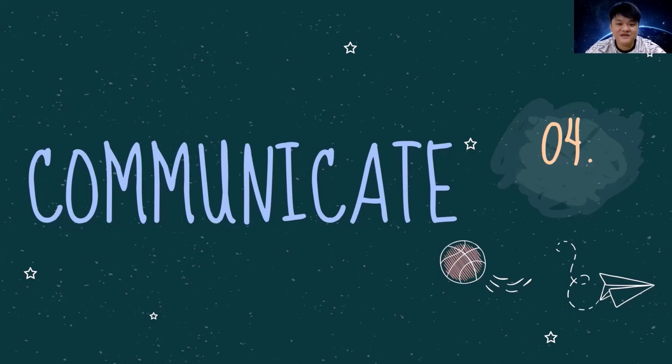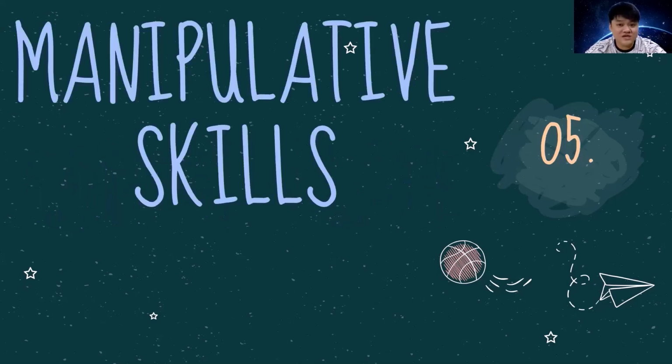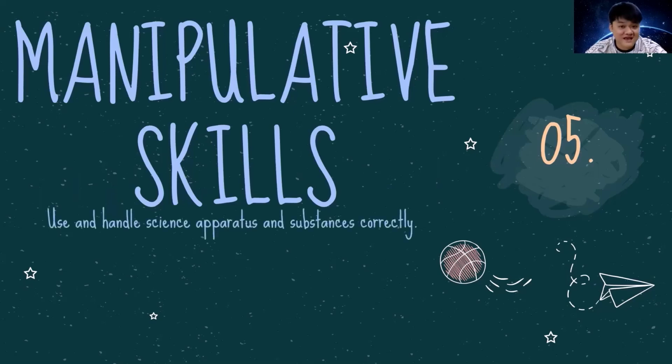Okay? And finally, we have also learned the 5 manipulative skills. Firstly, we have use and handle science apparatus and substances correctly. Kita telah belajar yang kita perlu guna dan mengendalikan peralatan sains dengan betul.